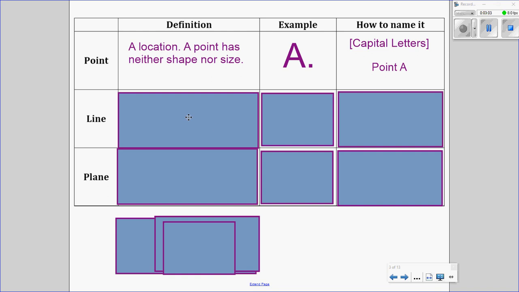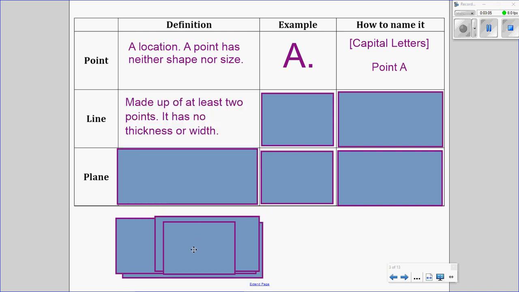A line, the definition is made up of at least 2 points. It has no thickness or width. So in order for a segment to be a line, it has to be made up of 2 points. If there's only 1 point, it's just a point. If there's 2, you've made a line.